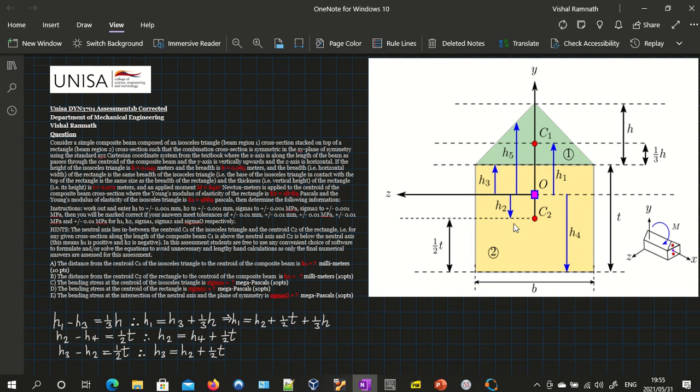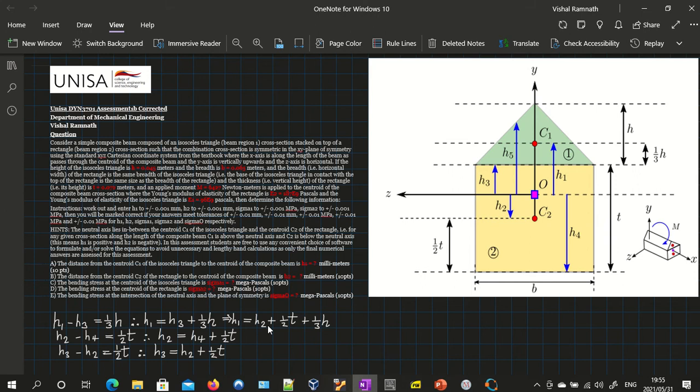And h3 minus h2, h3, which is positive, minus a minus, this distance over here is just 1/2 t, because we know the centroid is in the middle. That's 1/2 t, that's 1/2 t, we know the centroid is 1/3. So we have expressed all of the terms in terms of one unknown, h2.